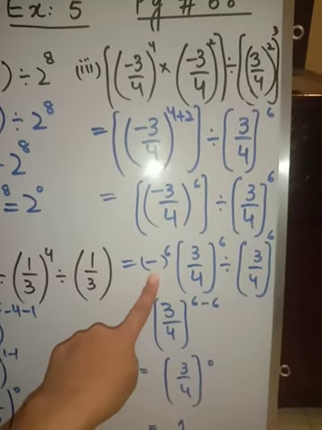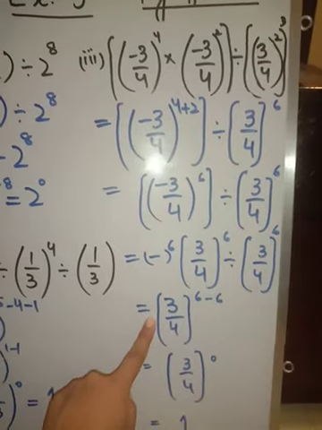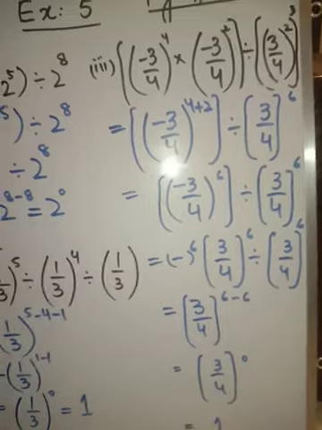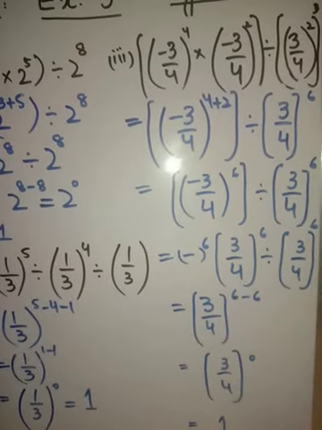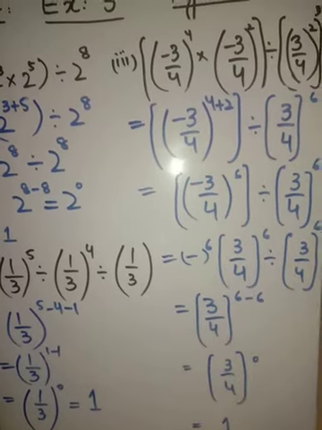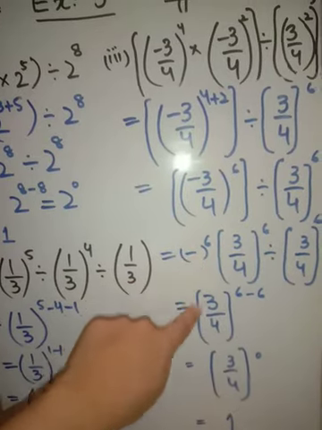Whenever we have an even power over minus, the answer will be positive. So it's up to you whether you want to write the positive sign or not, because whenever we have no sign, we assume that it is a plus sign. Understand? So you will resolve the minus here.